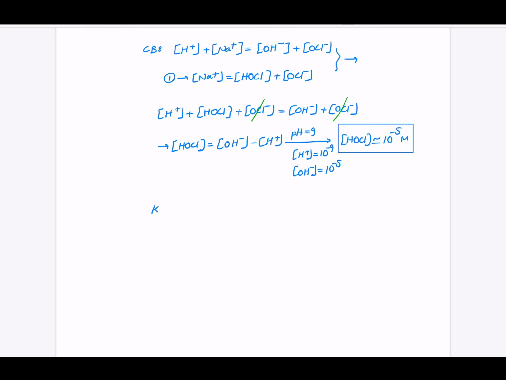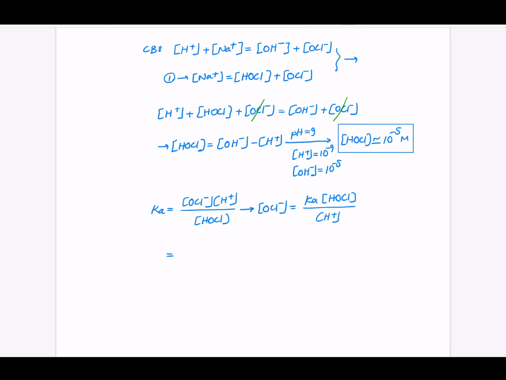So based on the equilibrium constant, we know that OCl minus times H plus divided by HOCl is the equilibrium expression. So OCl minus, the only unknown, would be Ka times HOCl that we just calculated, divided by H plus, which is known based on the pH.